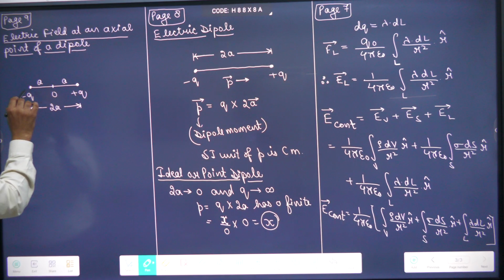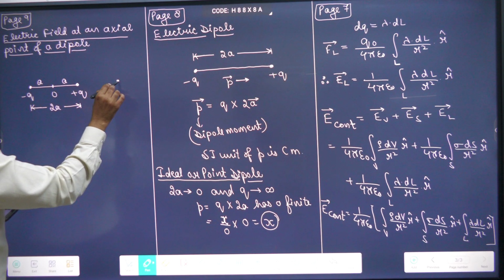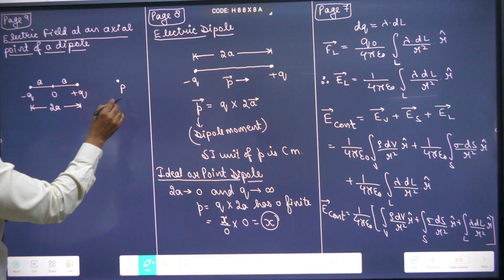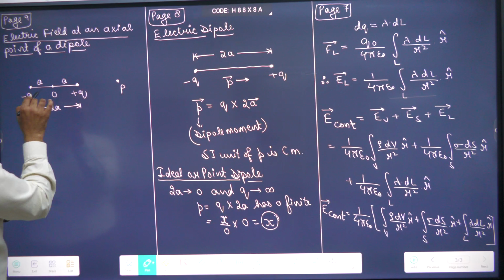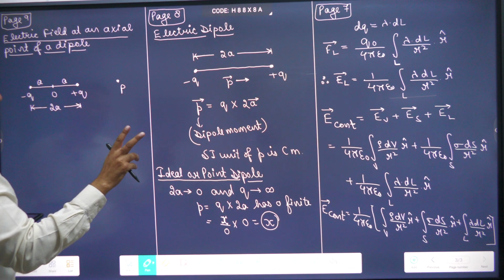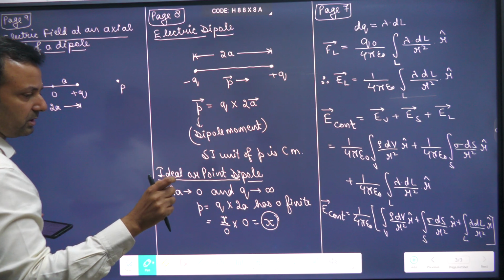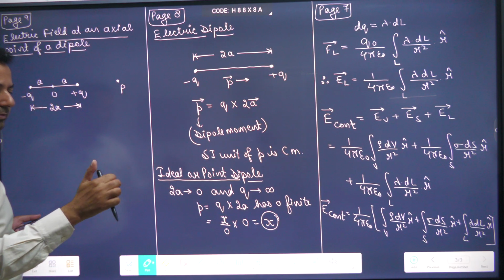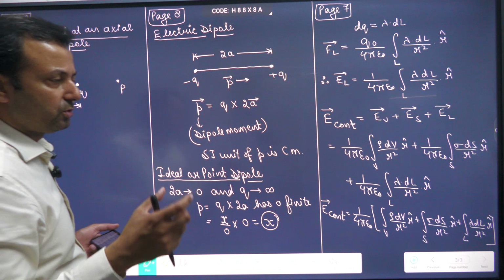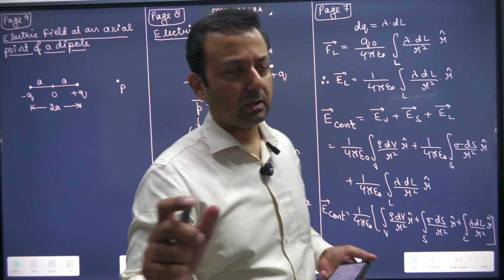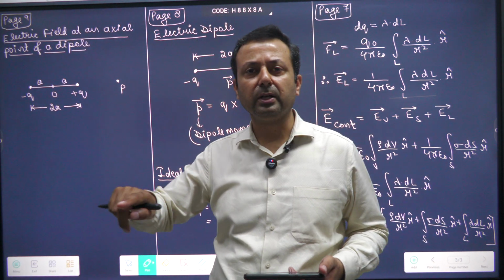Now I want to calculate the electric field at point P. What is the distance of this point P from this dipole? Whenever we calculate the distance of a point from a body, we calculate the distance from the center of that body to that point.